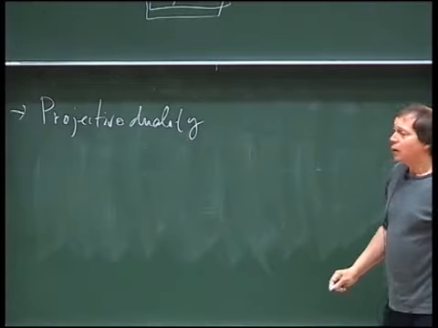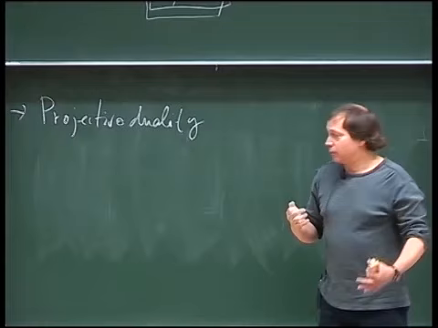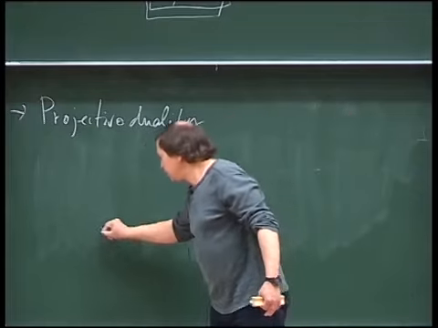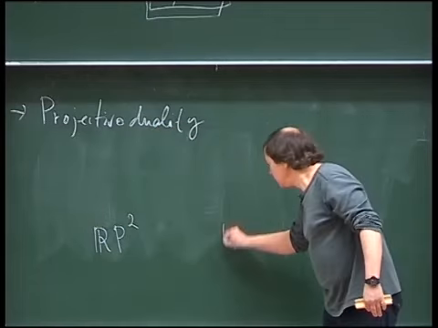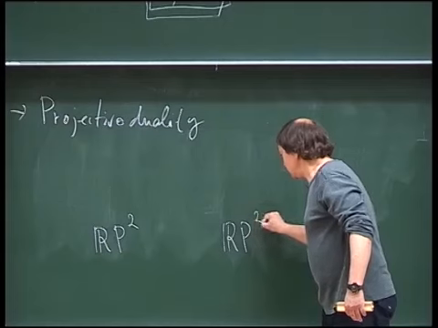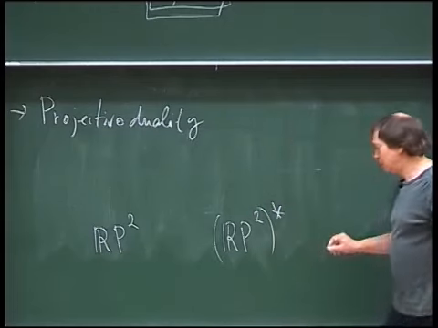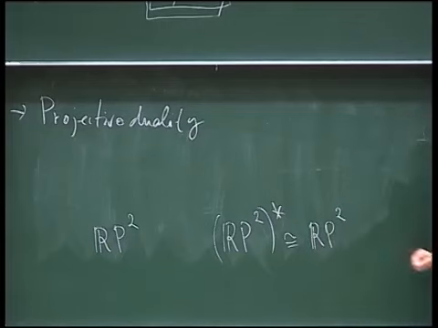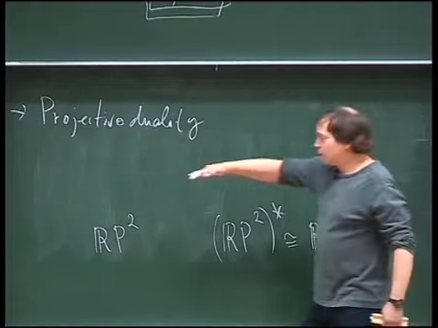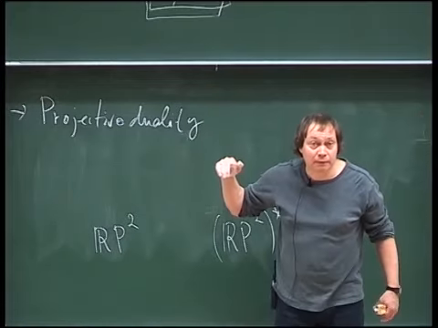Okay, so, well, we live in the projective plane, RP2. Its dual, which is, of course, isomorphic, again, to RP2, is the space of straight lines.